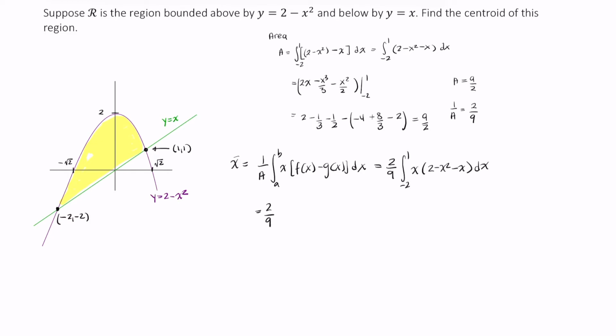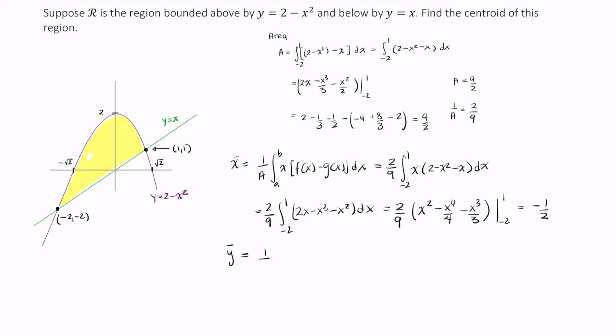So this works out to be the integral from -2 to 1, times 2/9 of course, of 2x minus x cubed minus x squared dx. So that's 2 over 9 times x squared minus x to the 4th over 4 minus x cubed over 3. And that's from -2 to 1. Take a moment, pause your video, and finish working this out. You should have -1/2.